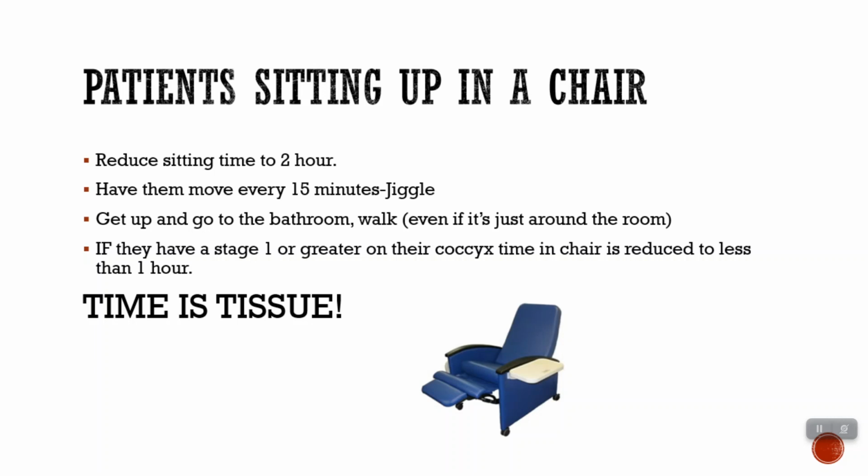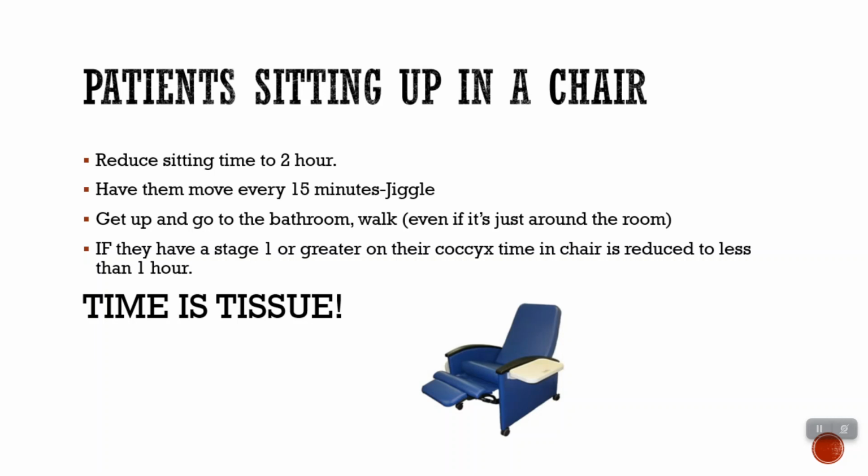Patients sitting up in a chair: reduce sitting time to 2 hours. Have them move every 15 minutes. So this is where our LPNs, our LNAs, our RNs, this is a collaborative effort. We all need to get together and talk about how we're going to help facilitate reducing pressure.